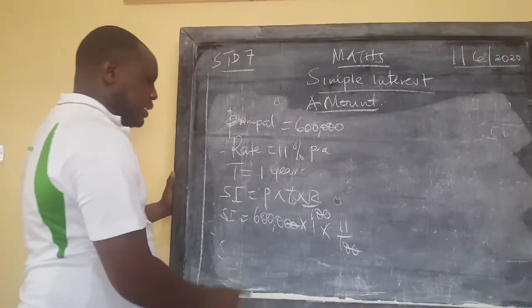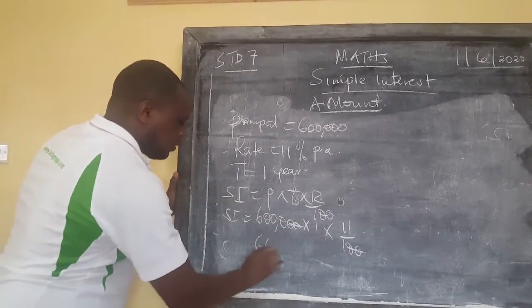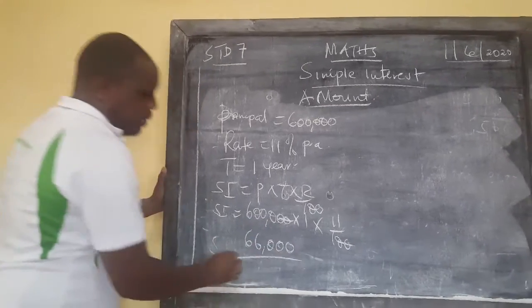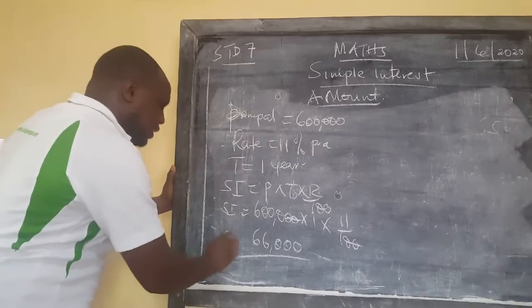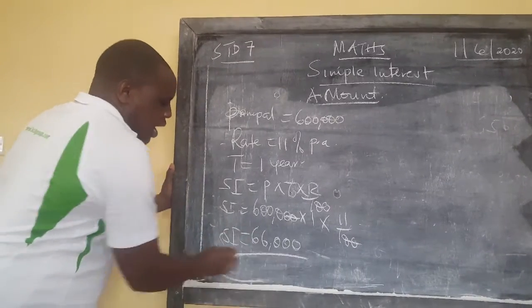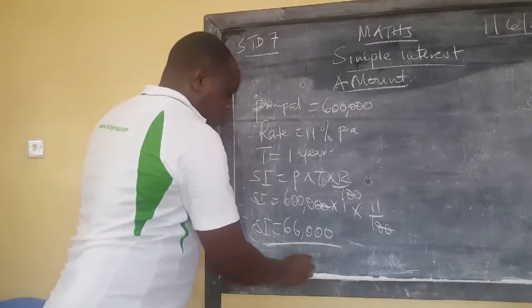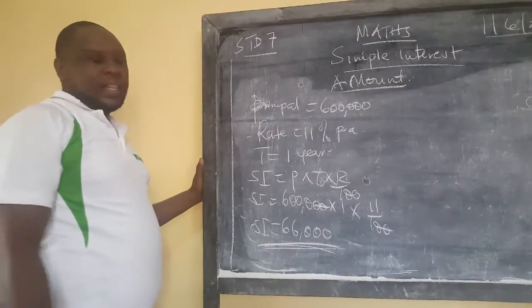These two zeros will cancel. This will give you 66, then 1, 2, 3. So at the end of the first year, the company withdrew an amount of 66,000 as the simple interest. So this was the amount withdrawn in the first year.